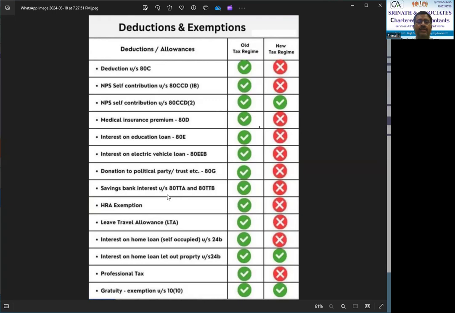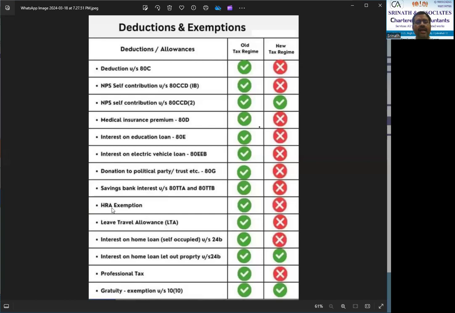Similarly, when it comes to savings bank interest and interest on deposits for senior citizens, these deductions are covered under section 80TTA and 80TTB. These two deductions also will be available only under the old scheme, not under the new scheme.